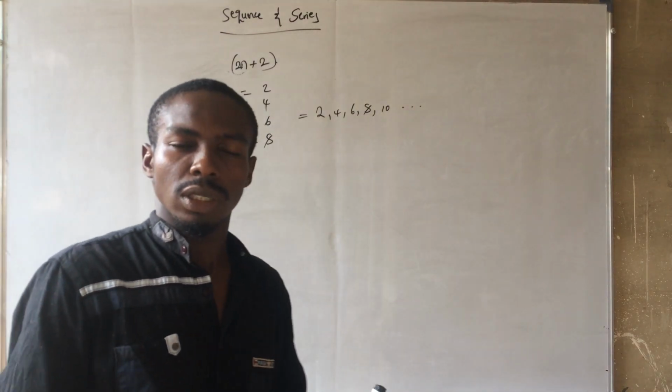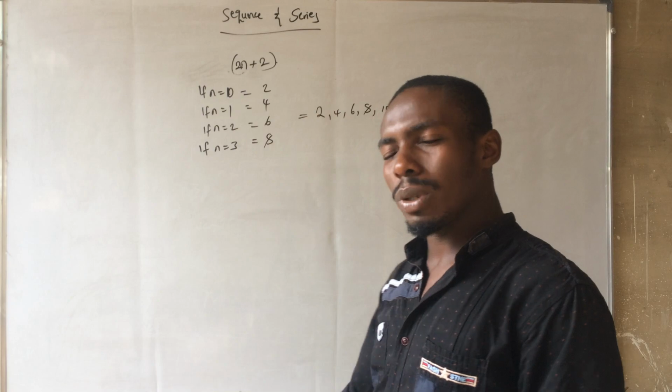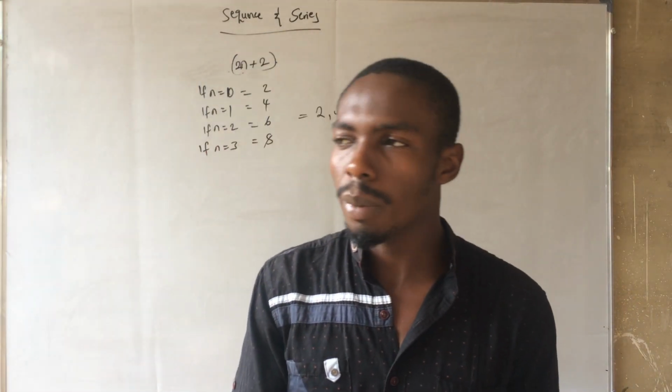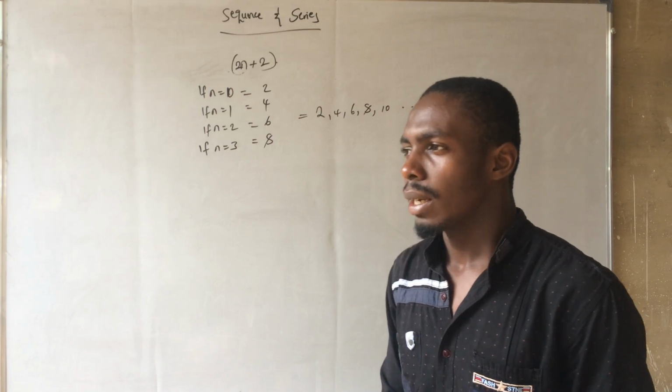So my question now says, what if we work with the ones that have a general pattern of forming the numbers? What are we going to get?